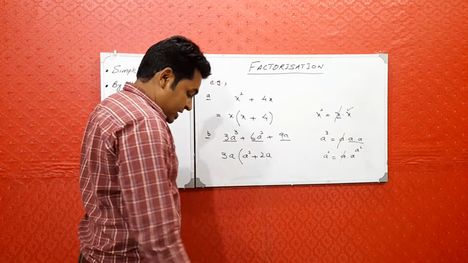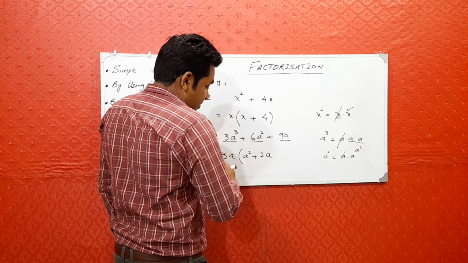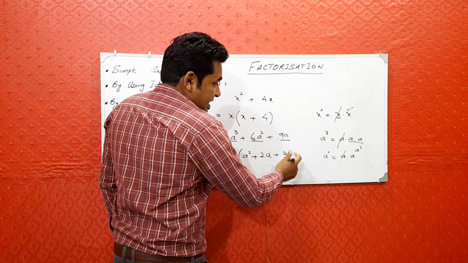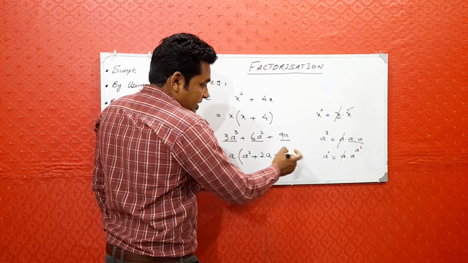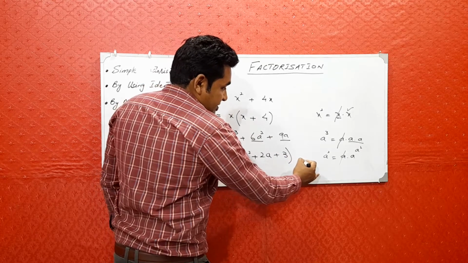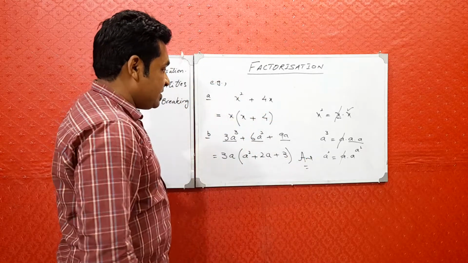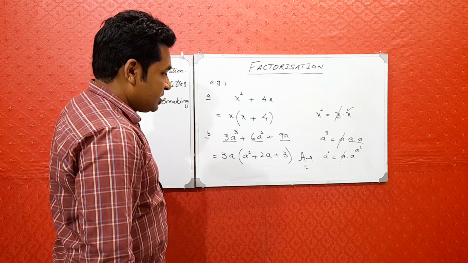I hope you are getting it. Then this is 9. 3 3s are 9, so we write here 3, and it is only one a which we have taken common, so we are left with 3. So this is the answer of the question, and this is the factorization of this expression. I hope you are getting it and you are having no problem.